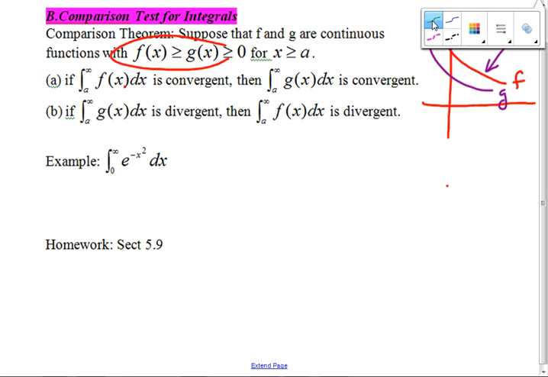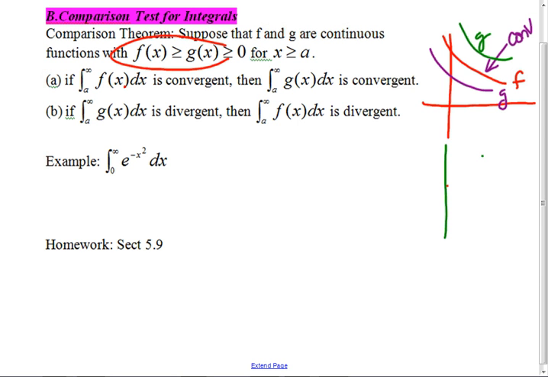It converges. What if g were up here? What do you know? Nothing. If g is up here, you know nothing. You've got to be in the right placement here. So f is here, and then g is smaller.